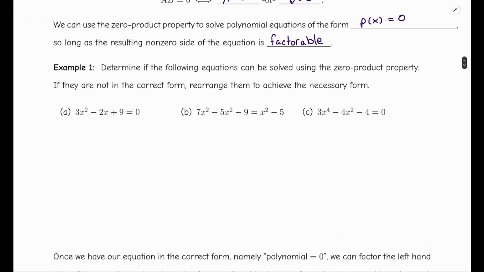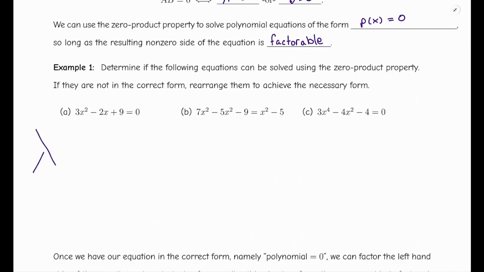Example 1. Determine if the following equations can be solved using the zero product property. If they are not in the correct form, rearrange them to achieve the necessary form. So part A, 3x squared minus 2x plus 9 equals 0 is already in the correct form. So let's see if it's factorable. Well, there is no GCF, and the leading coefficient is 3.